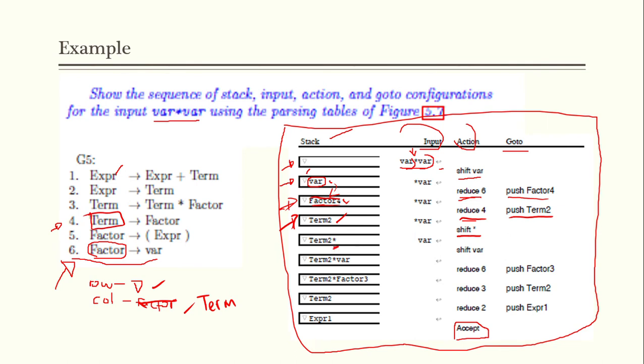Okay, so because it is shift, you don't have to do a go to. Now we go to the next stack. On the top of the stack is star. The next input symbol is var. So row star, column var.